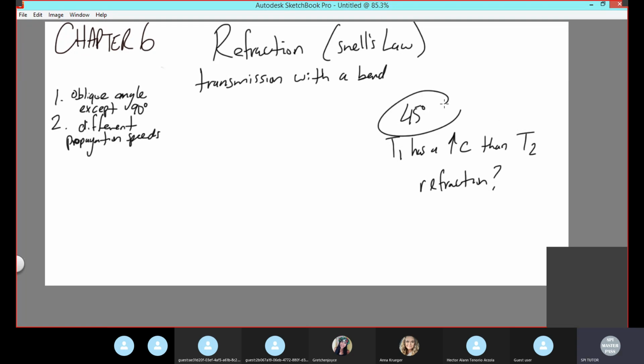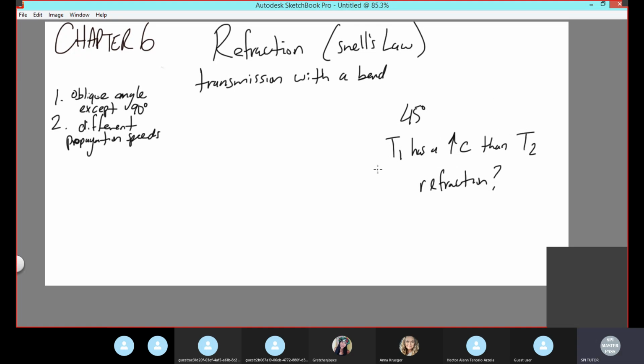So is there an oblique angle? Yes. Are the propagation speeds different? Yes. They're not telling you flat out that this one's different than that one. They're just saying that 1 is higher than 2. That means they're different. Because if they were the same, they would just say tissue 1 is the same as tissue 2. But they're saying that they're different. Or they can give you numbers.